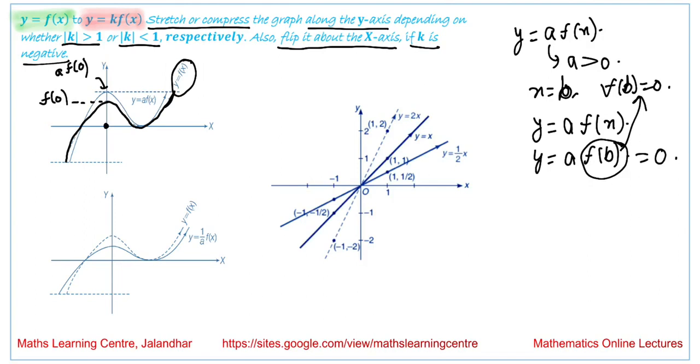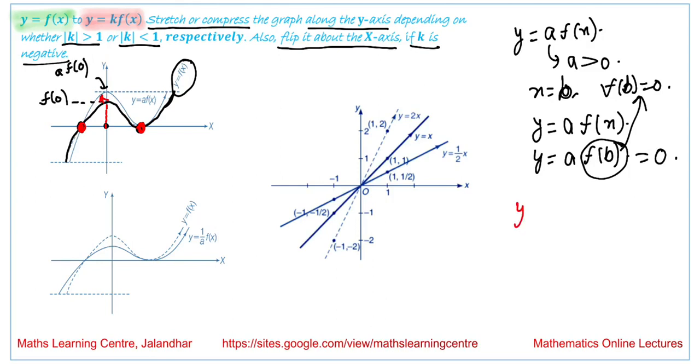It means those points which lie on the x-axis will be fixed over here. For any other point, except these two points, the graph is stretched in this case.